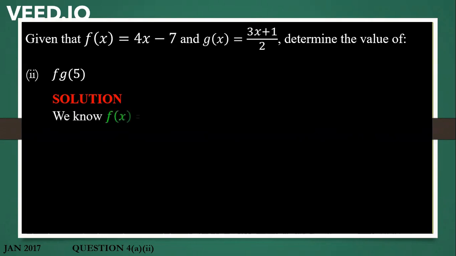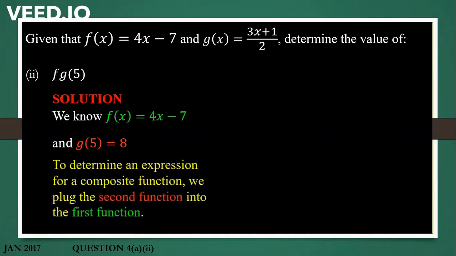So we know that f of x is 4x minus 7, and we also know from the previous question that g of 5 is equal to 8. Now that we have these two pieces of information, let us recall, to determine an expression for a composite function, we are going to plug the second function into the first function.